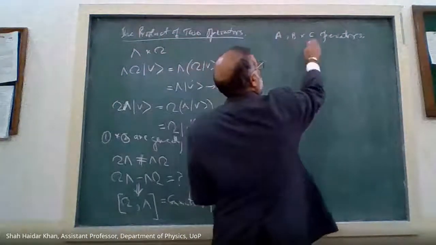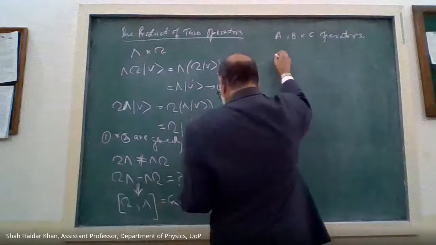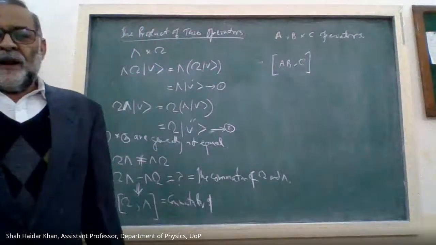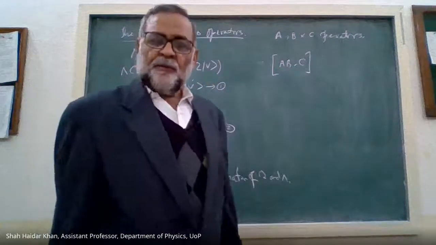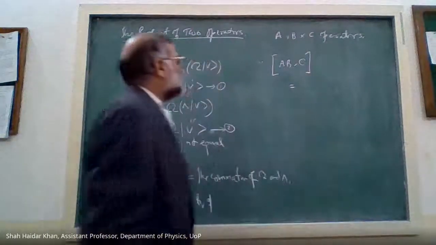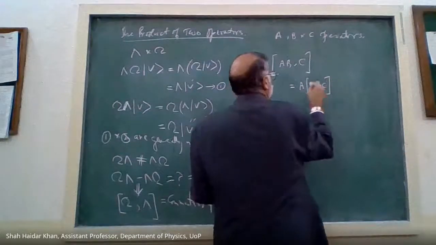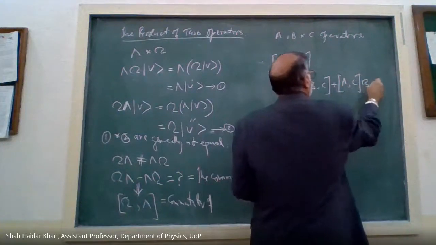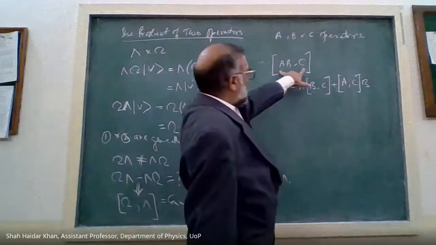So if A, B, and C are three operators, and we have two operators in a product form, and we want to find their commutator with the third operator, suppose C, that can be equal to A times the commutator of B and C, plus the commutator of A and C times B. This depends upon the order.